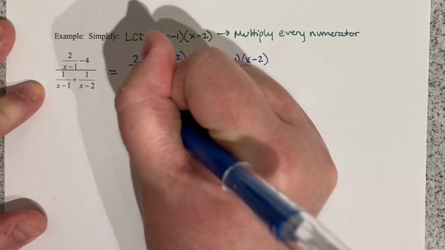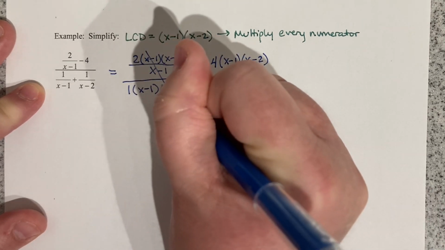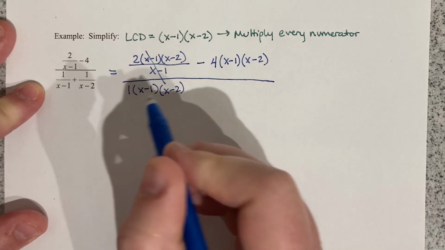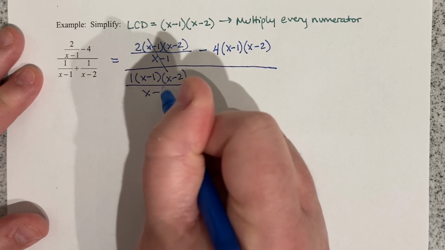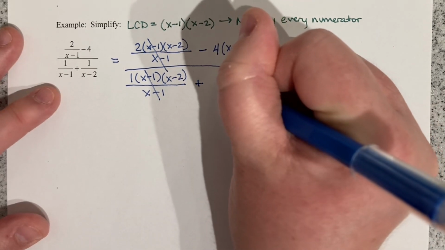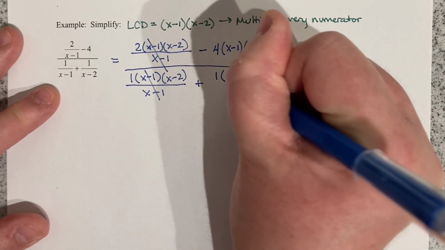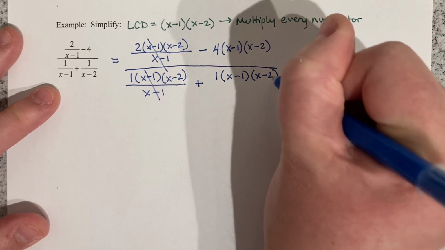All right, in the bottom, I have 1 times x minus 1 times x minus 2 all over x minus 1. Oh, look, it cancels. And then plus 1, and we're multiplying every numerator by x minus 1 times x minus 2.